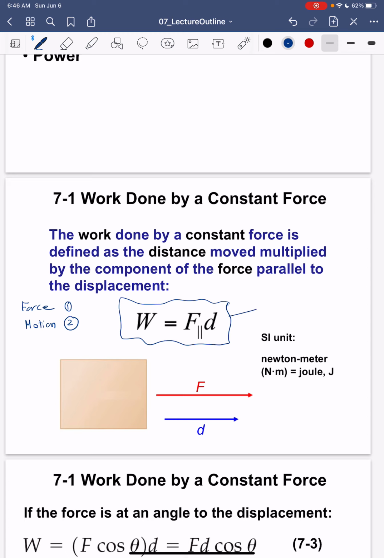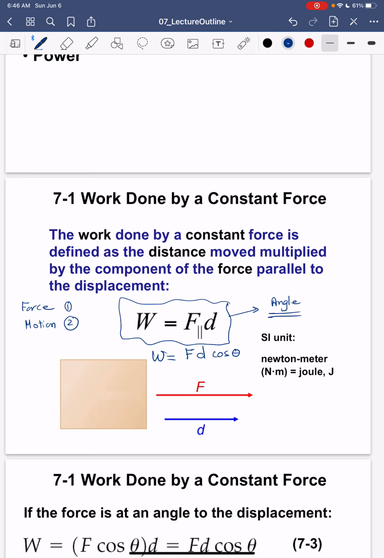And this is the reason why the angle is going to start making a difference, or is going to enter the formula. Since I am looking for the force that is parallel to the displacement, I'm going to make it general: F D cosine theta, F times D times cosine theta.